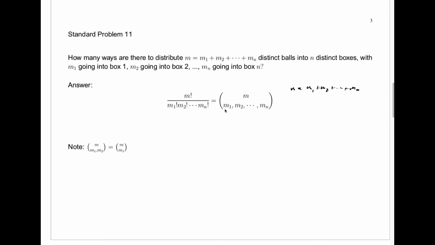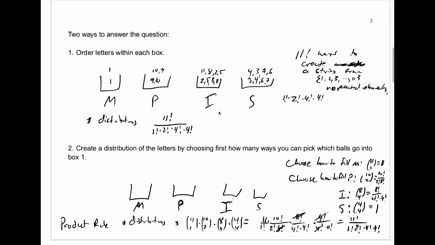If you go back to the first method, and we ask, what if we have M balls, or M numbers, and we distribute them into N boxes, with M1 here, M2 here, M3 here, M up to Mn at the end, you'll have M factorial ways to rearrange strings that contain each of those numbers exactly once.